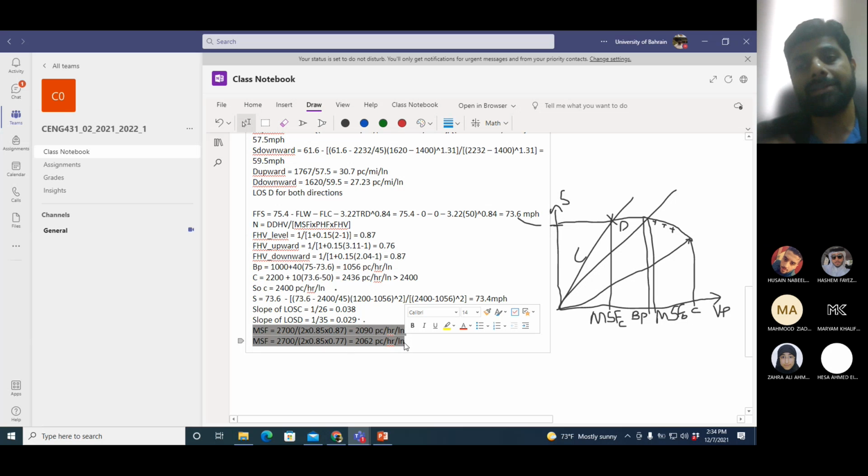But if the client says I only want level of service C, then this last step is not required. You say you need 2 point something lanes, so make 3 lanes on the road. That's it. You stop there. No extra calculation required.